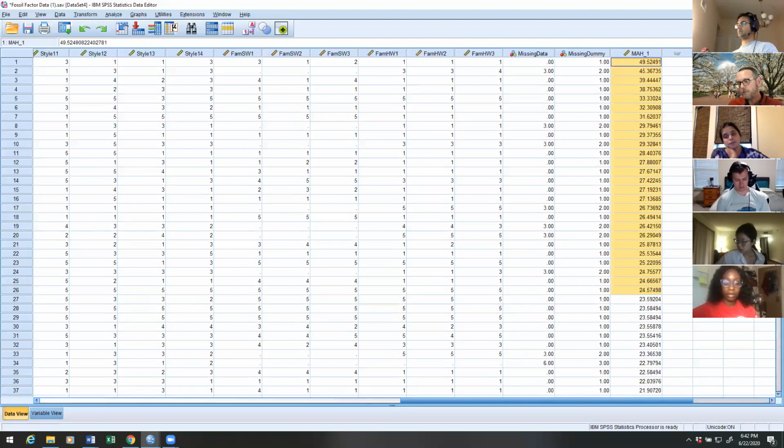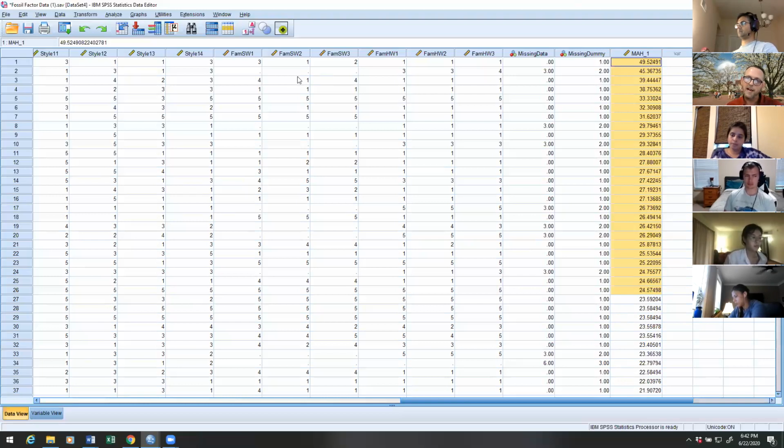The nutshell here is that there are some things we measure that are hard to measure, and we are looking for multiple items that will reflect a more complex, internal construct.